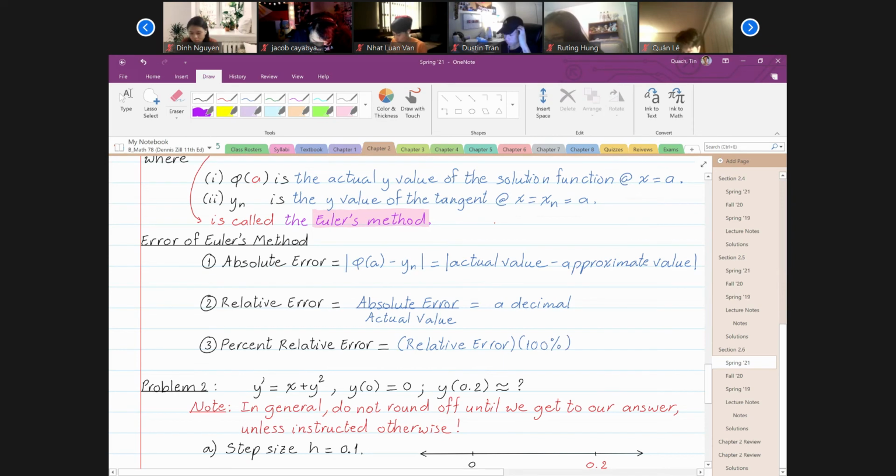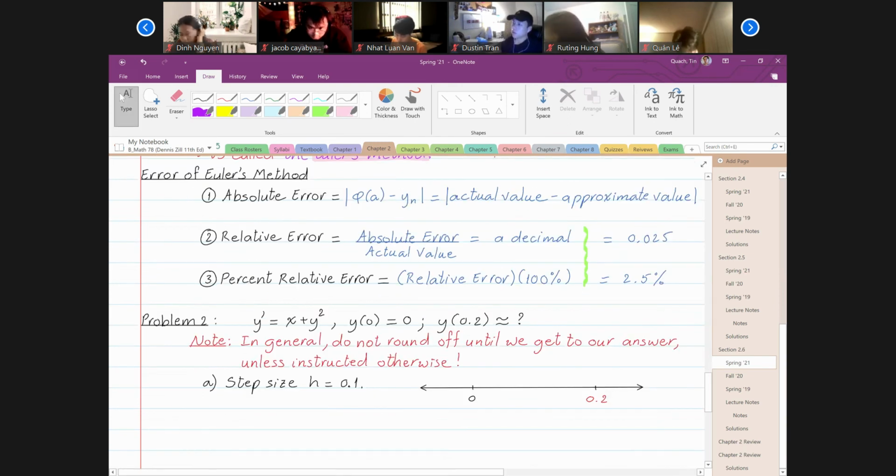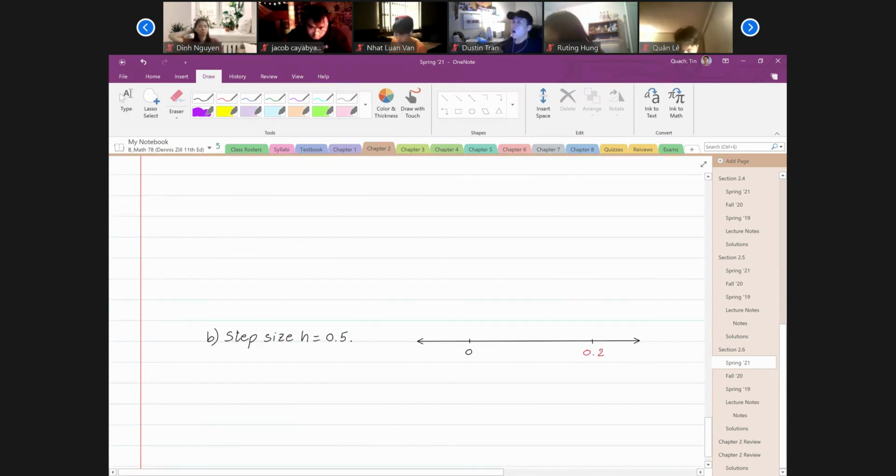So for example, this could be 0.025, right? So this would be 2.5%, okay? So that's the difference between a relative error and a percent relative error. So let's do one example and then we're done with this section.